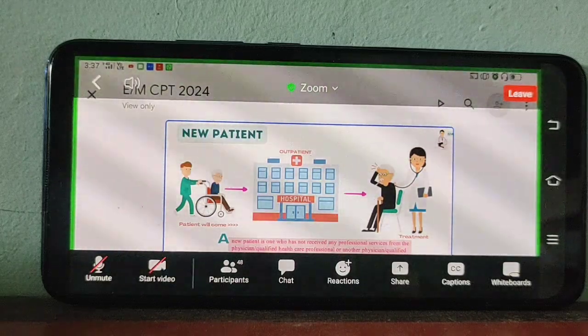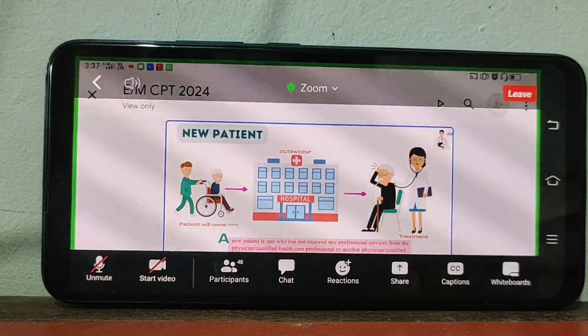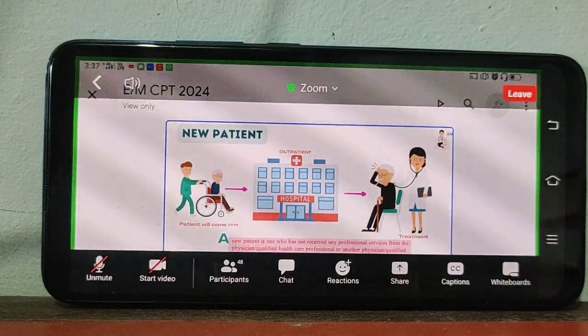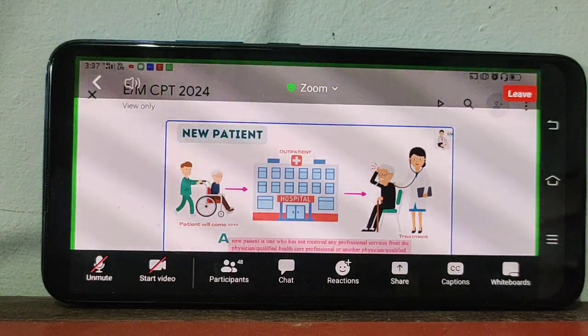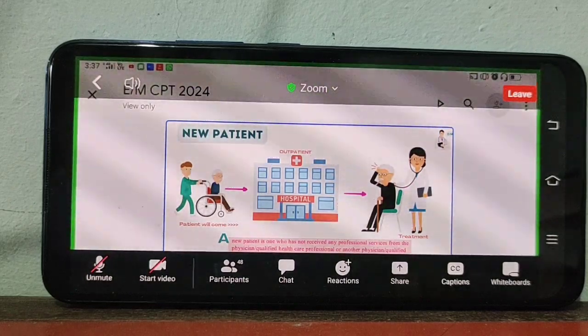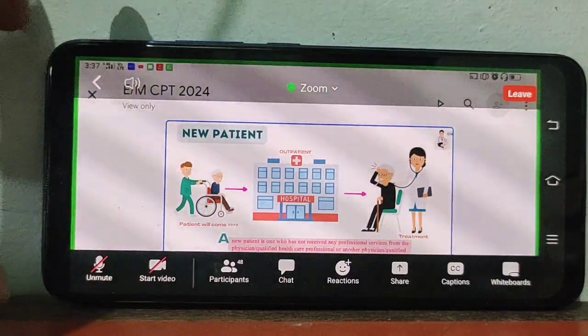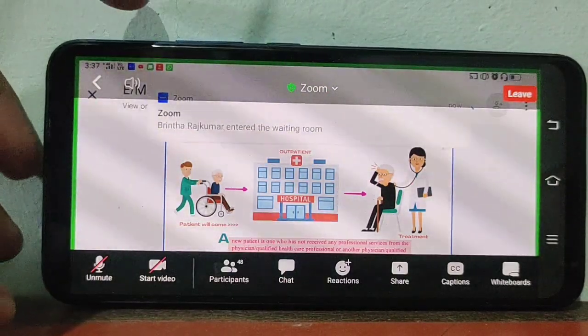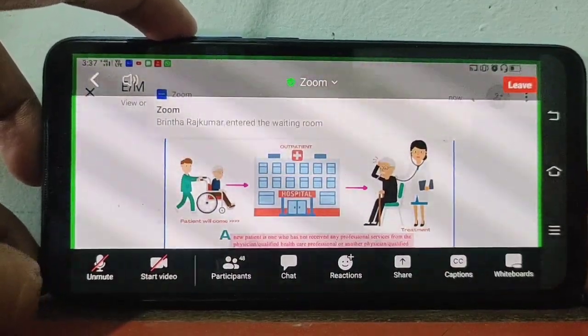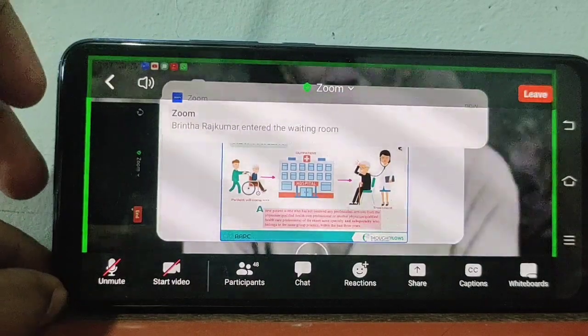Years, again I am going to meet. This is, I am a new patient. Okay, new patient, because within the three years I met him only one time. Within the 3 years I did not meet him.